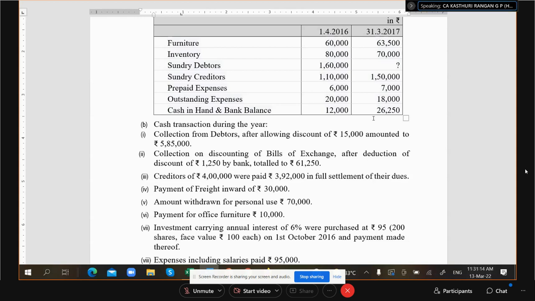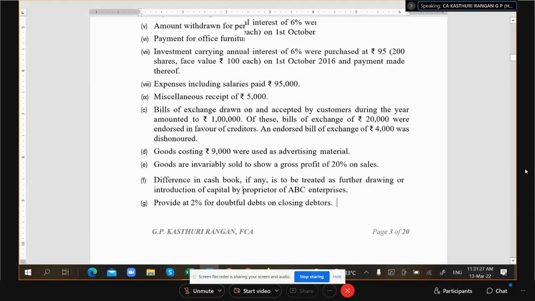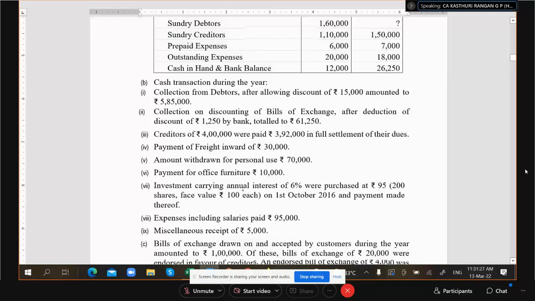The difference could be either drawing if it is on the payment side, or introduction of capital if it's on the receipt side. So you have to find the balancing figure. Then provide 2% discount on closing debtors. Provision for bad debts also we have to make. So in the examination, mainly you'll get problems like this. Okay. Like this only you'll get problems in the examination.